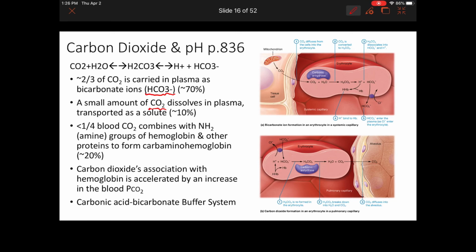Another 20% roughly of carbon dioxide is bound to nitrogen in the form of amine groups. And basically, that means proteins. So a portion of CO2 is bound to proteins, of which hemoglobin is one type of protein.